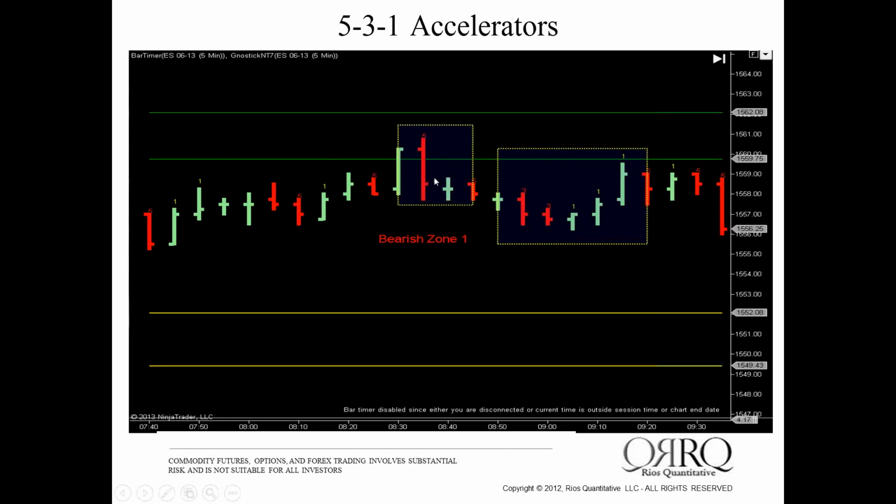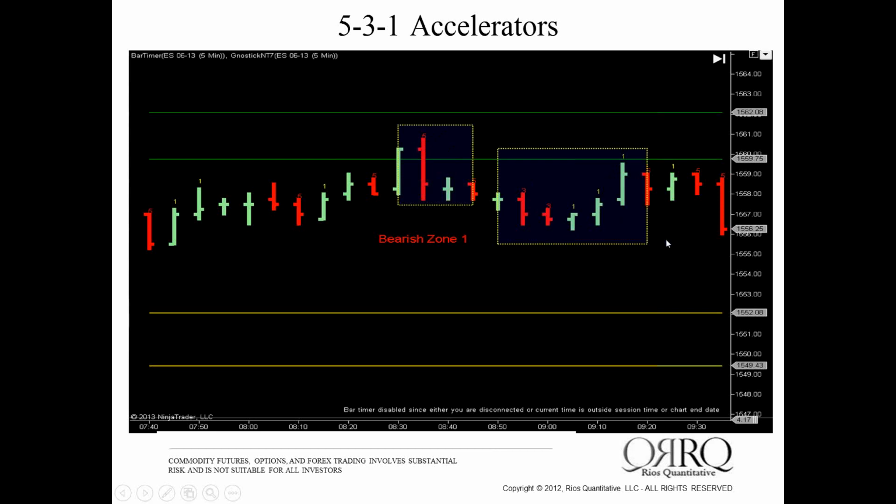Yes, you could have gone short here and come out here if you wanted, or you could have left your stop and been a trend trader and let it evolve, because this is a trend trading indicator. Remember, Gnostic, and this is a Gnostic trade, is trend trading with the 531 accelerators. So 5 is the highest quality of momentum, 3 is the extreme, 1 is exhaustion, and look at the bounce.